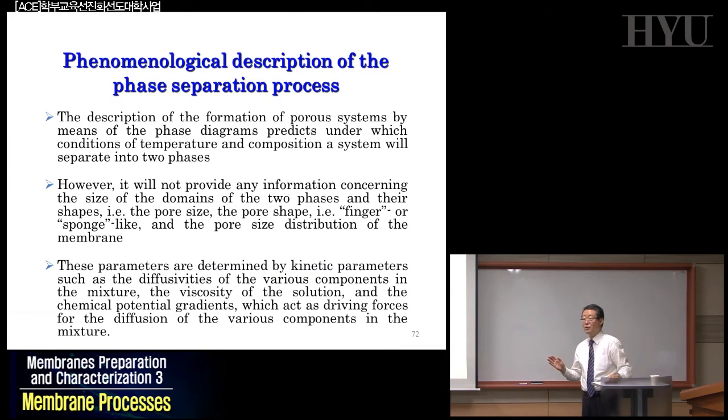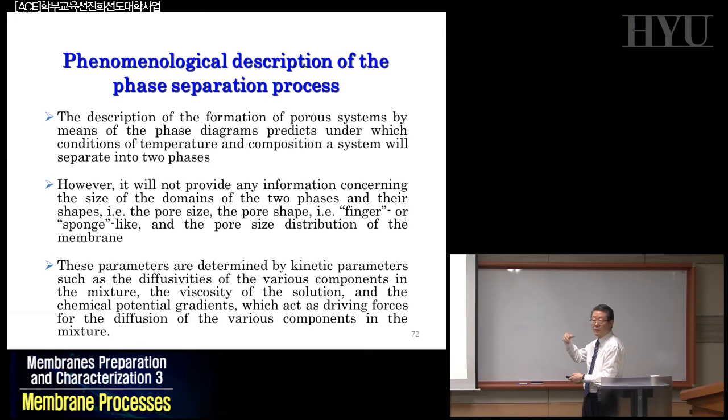Okay, that was a general description of what's happening in the Gibbs free energy of mixing for your TIPS cases. And we can also see NIPS cases as well. So this was the second description of the phenomenology of the phase separation process.